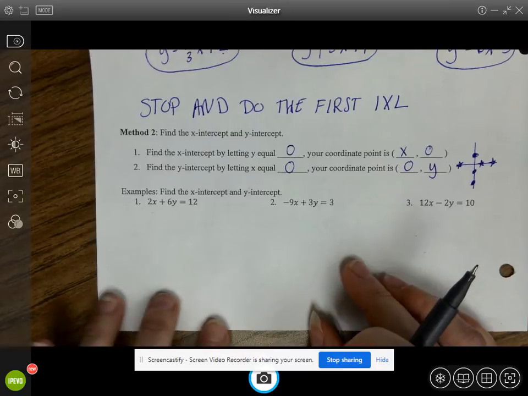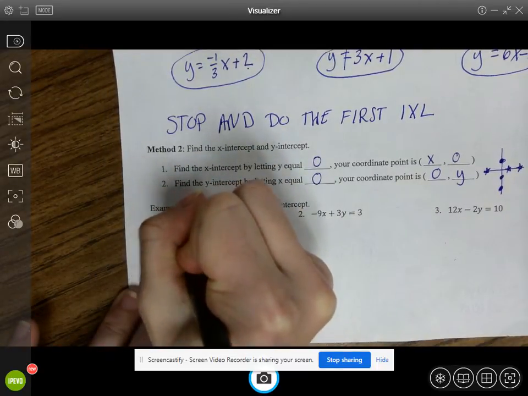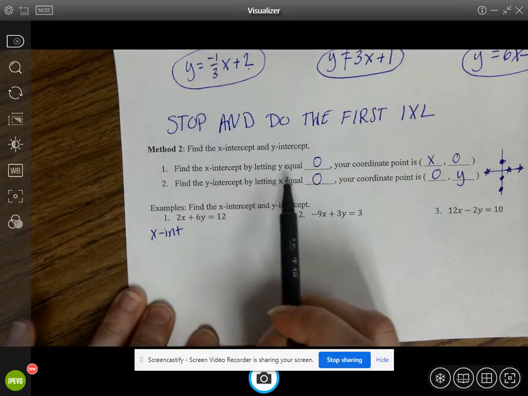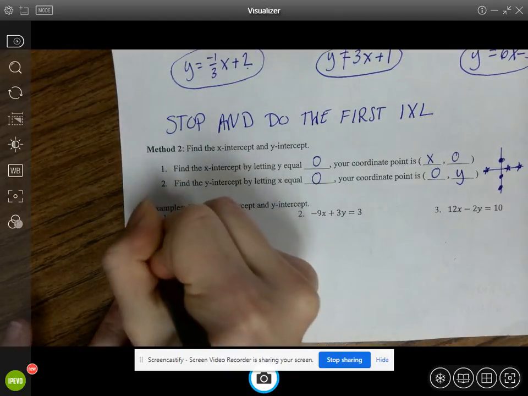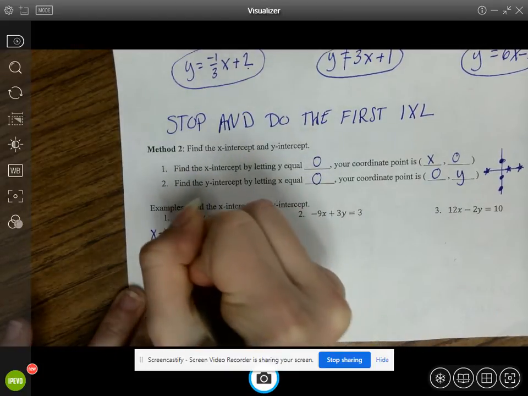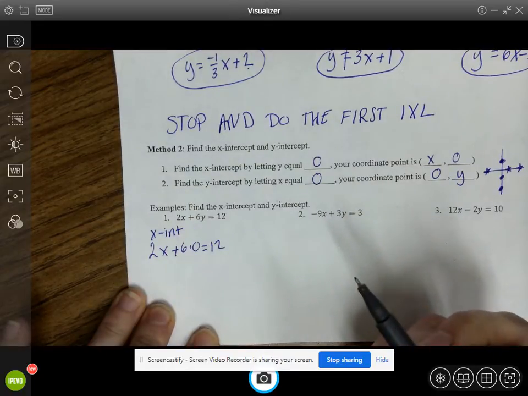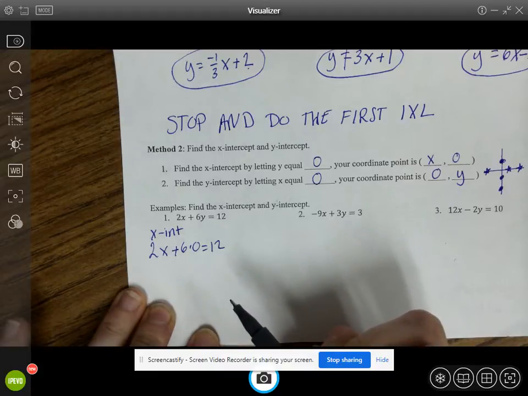So to find our x and y intercepts, let's start with the x-intercept. You find the x-intercept by letting y equal 0. So where I have y, I'm going to plug in 0. So I'm going to do 2x plus 6 times 0 equals 12. Now, 6 times 0 is just 0.